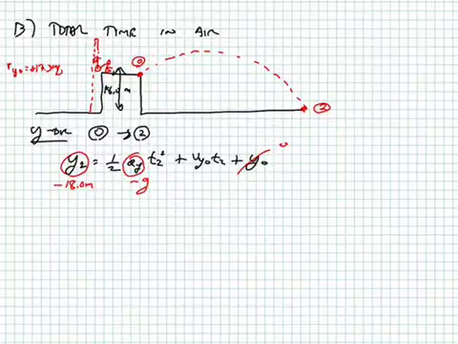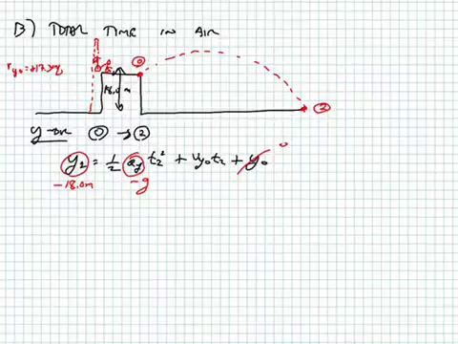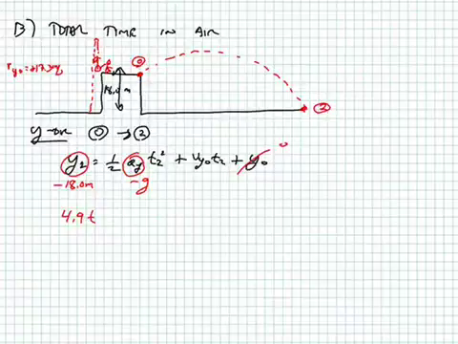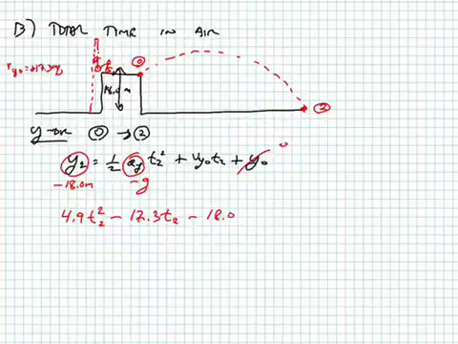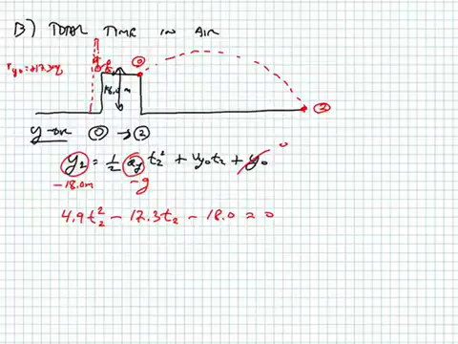And if I do so, then I'm going to get 4.9 t squared, and then minus 17.3 times t, and these are actually t2s, and then minus 18.0, and that's equal to 0. All right, so just be careful with your signs on this.